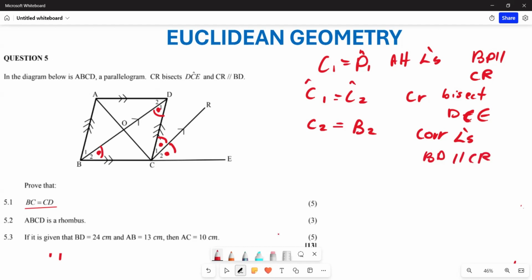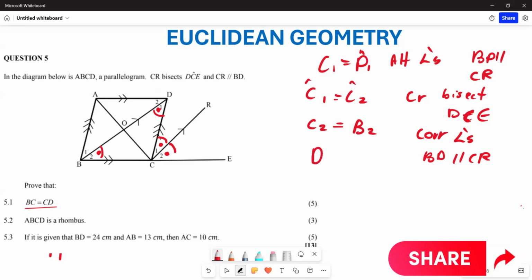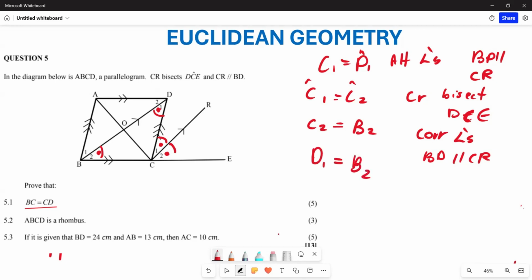As soon as you have that, you can conclude that your angle D1 is equal to your angle B2.